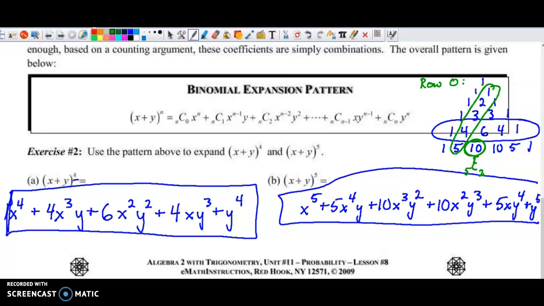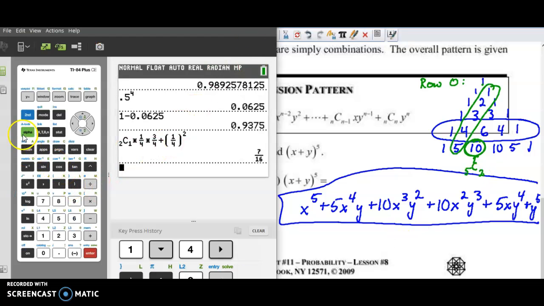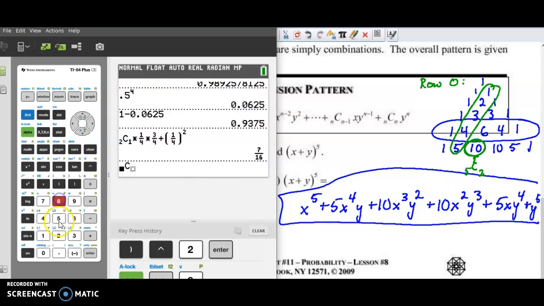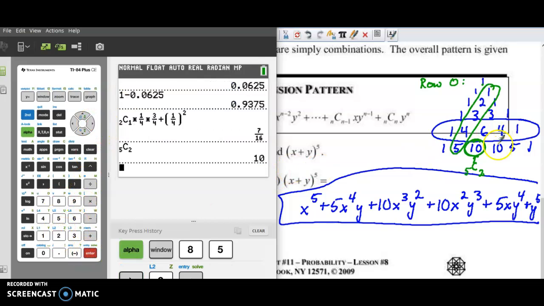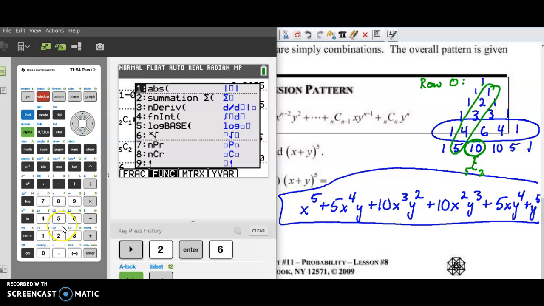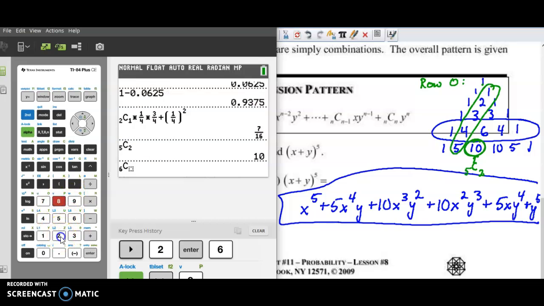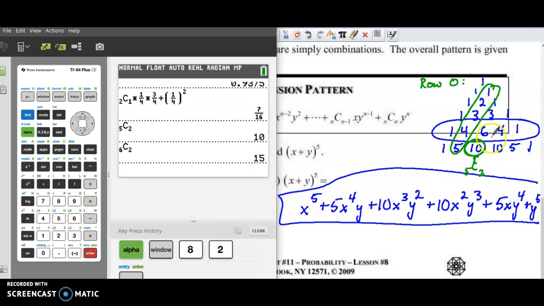And if I go to my calculator, just to show you real quick, 5 combination 2 is equal to that entry. And if you don't believe me, think about how this element right here would be 15, and it would be 6 combination 2. And you can find any element in Pascal's triangle is a combination.